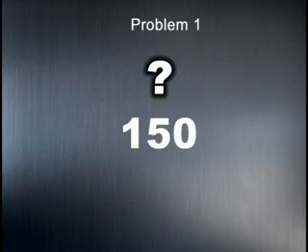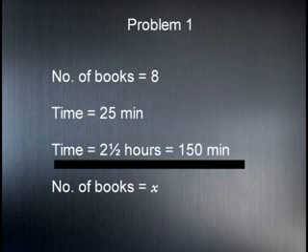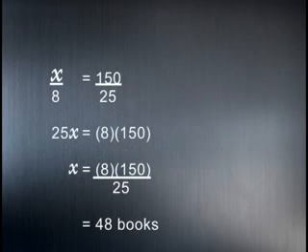Do you know where the 150 comes from? Yes, that's right. It is the 2.5 hours that is converted into minutes. Then we calculate x by cross-multiplying 25 with x equal to 8 multiplied by 150. That gives us an answer of 48 books.